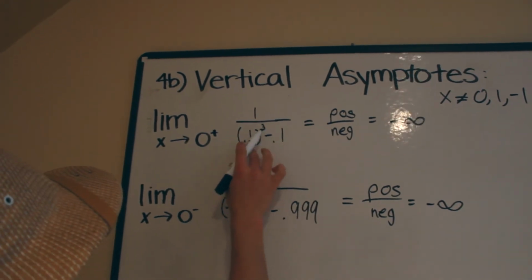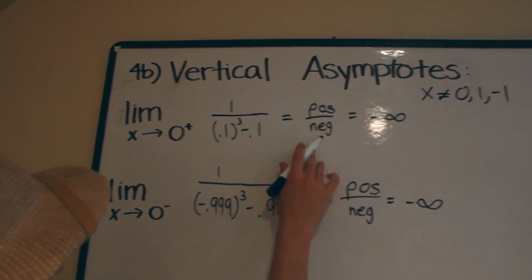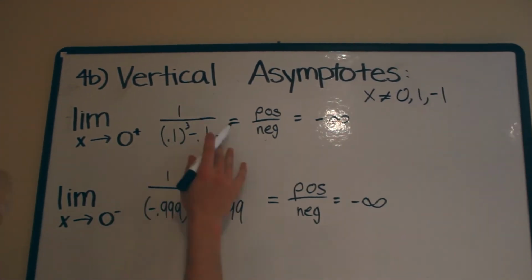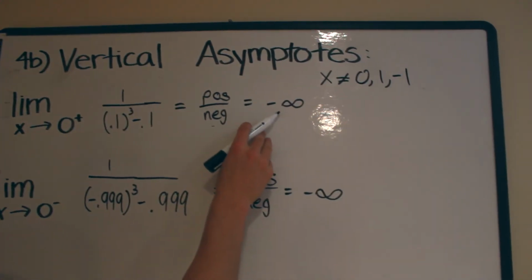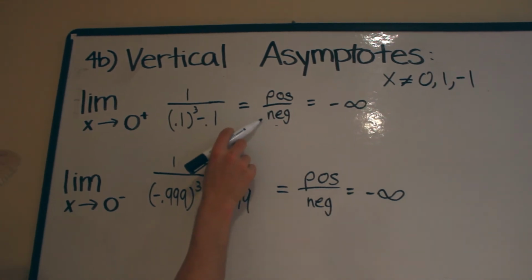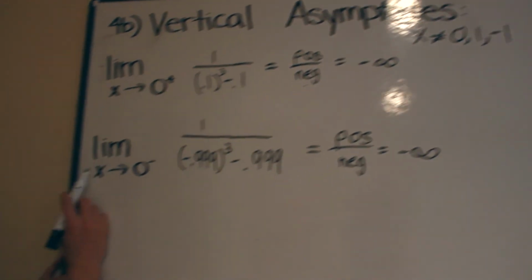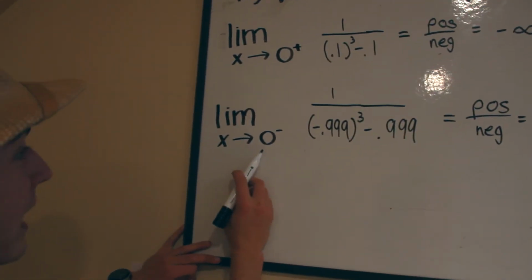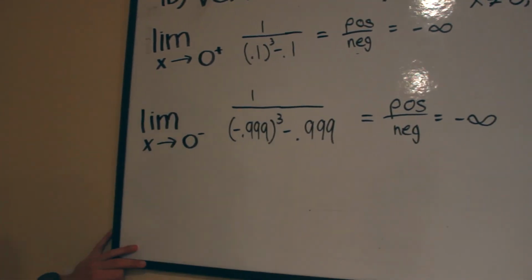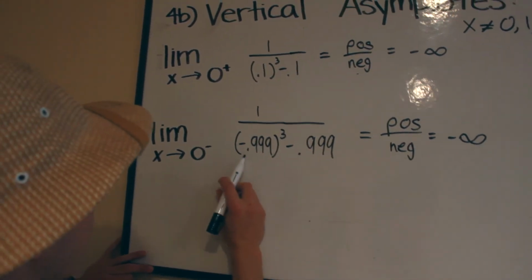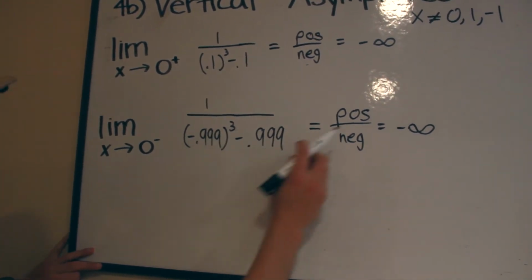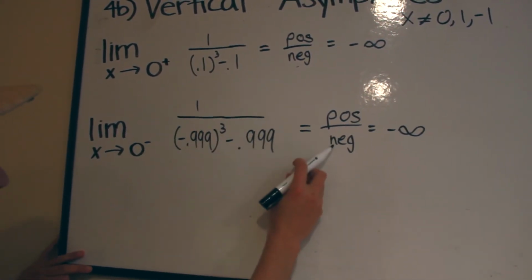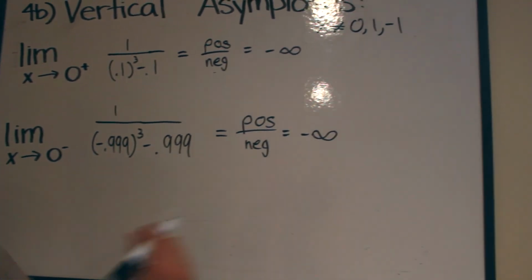So 0.1 cubed minus 0.1 is always going to be a negative number. And this one is always going to be positive, therefore it is negative infinity, a positive number over a negative number. The limit as it approaches 0 from the left, I put in a number that's slightly smaller than 0, negative 0.999 cubed minus negative 0.999 is always going to be a positive over a negative, which is negative infinity.